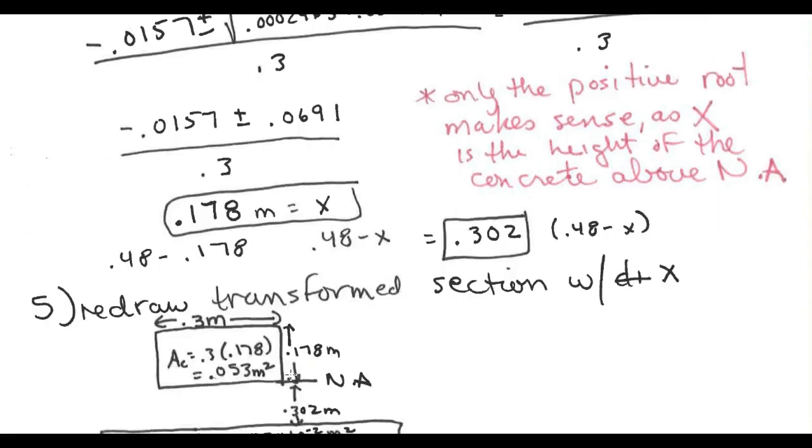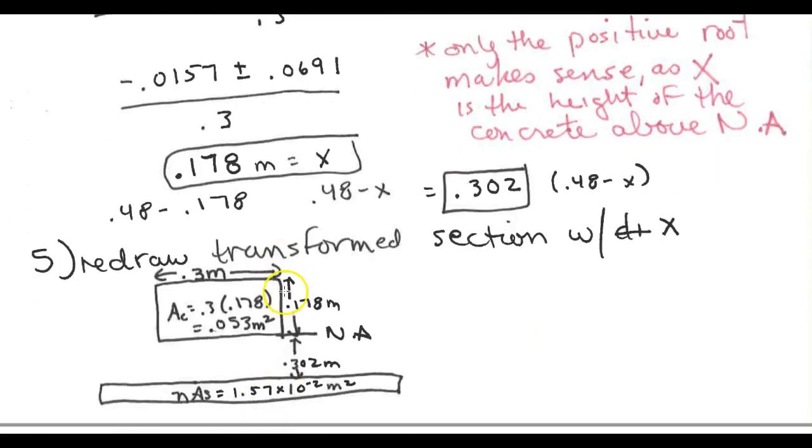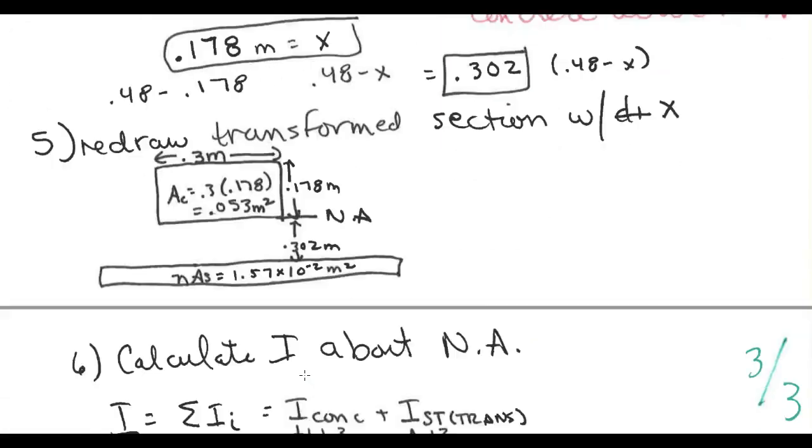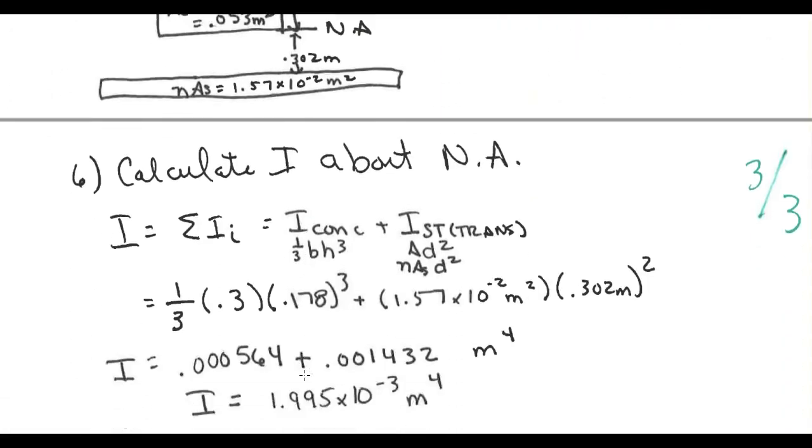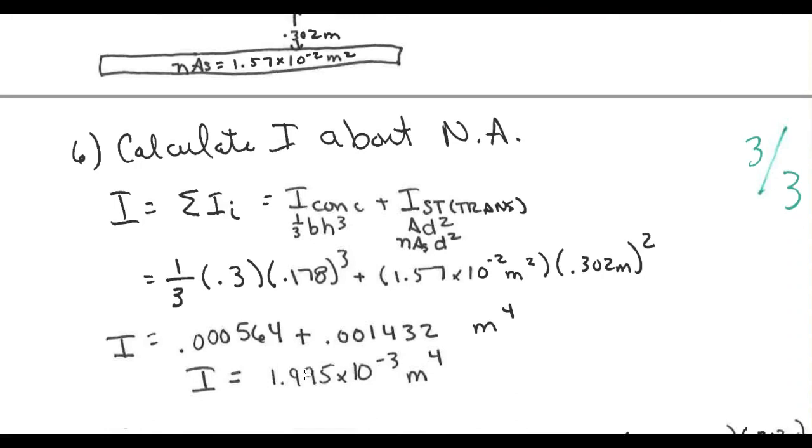If I look at my redrawn transformed section, that means that the height of the concrete is 0.178, and the distance from the neutral axis to the transformed rebar is the entire height, which was 0.48, minus 0.178, or 0.302 meters.